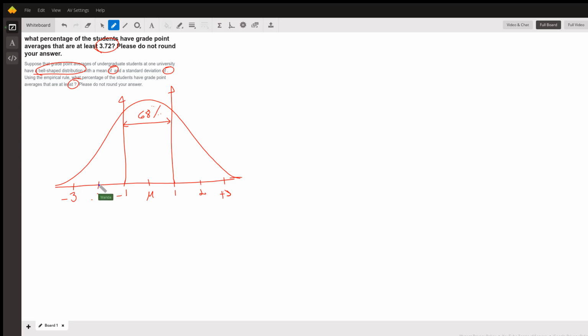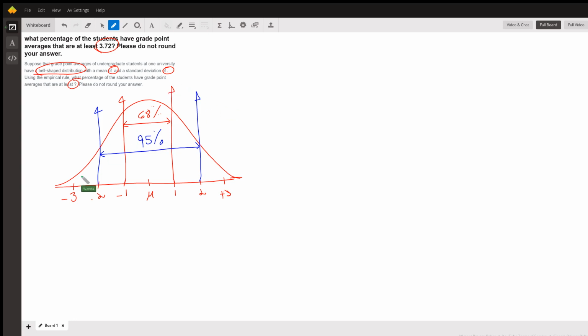If I go to 2 standard deviations, that percentage is going to be 95%. So about, not exactly, but about 95% of all the grade point averages at this university are within 2 standard deviations of whatever the mean grade point average is.